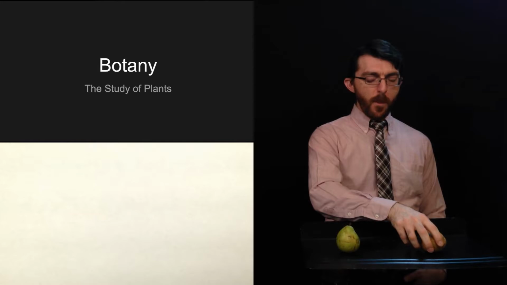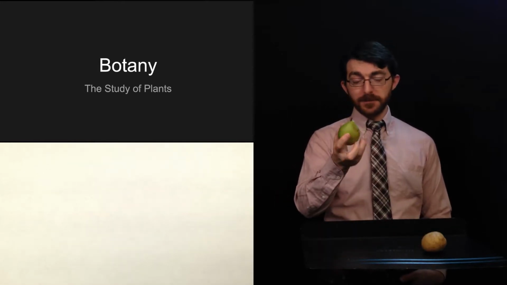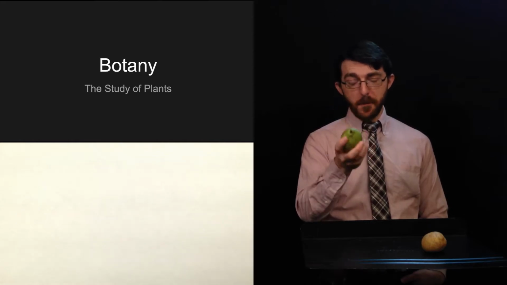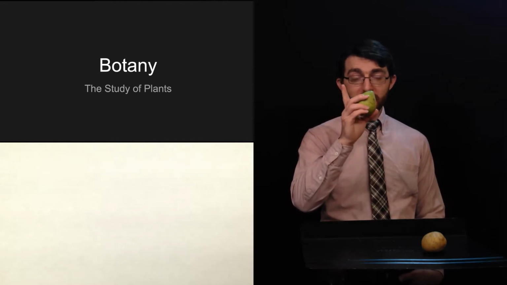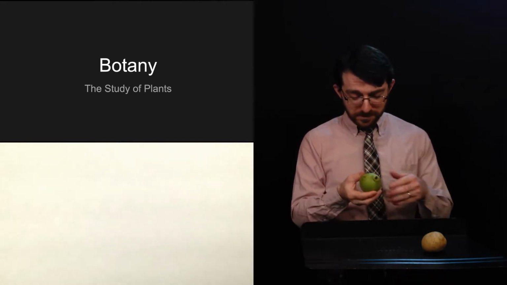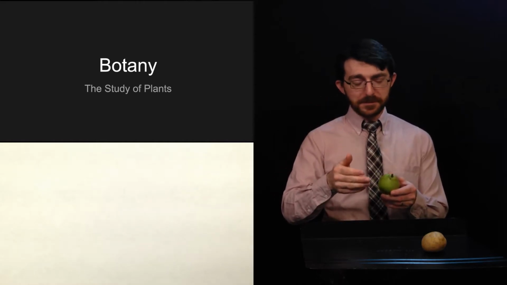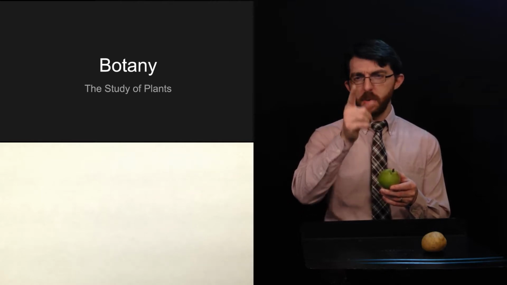Another part of the plant we eat is fruit. We're going to talk about fruit a little later. But there's one part that I don't think you ever eat, do you?